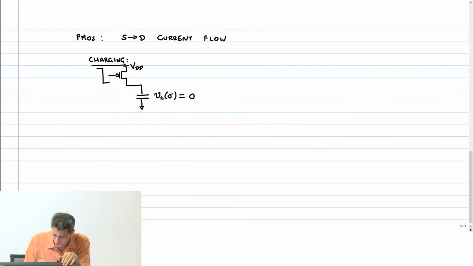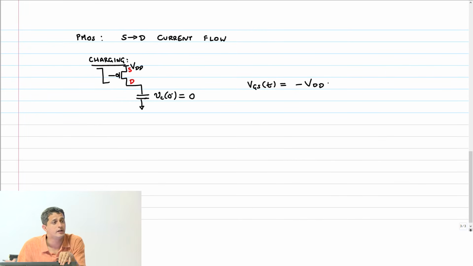VDD is source and this is drain. So VGS of t is what? Minus VDD, which obviously is less than the VT of this transistor.